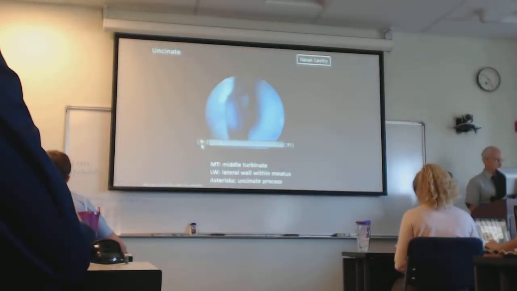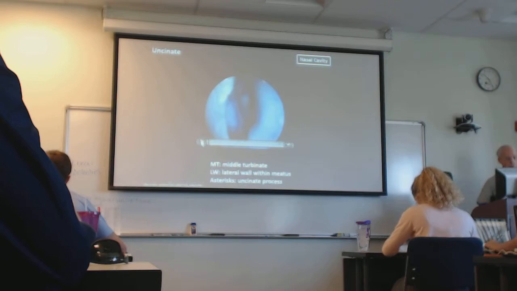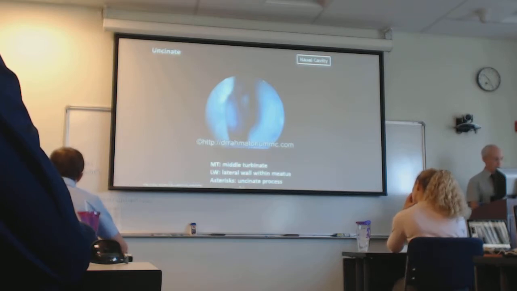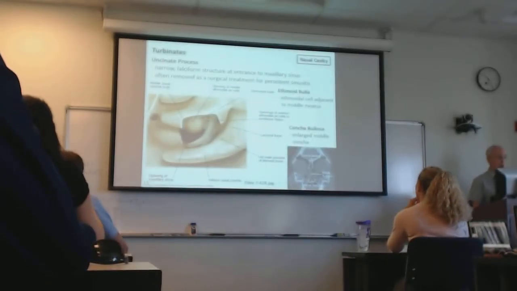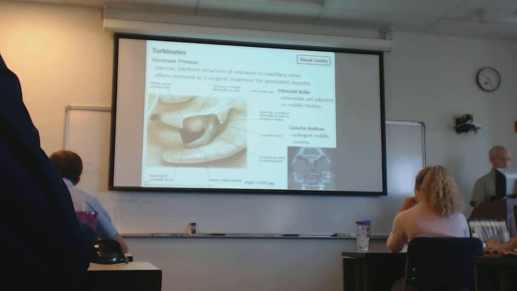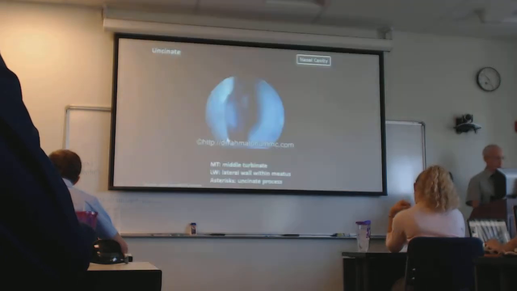Let's peer into the nose. Now notice at the end here, we're going to take the little scope and go into the nose. And so the MT is the middle turbinate, and then the LW is the lateral wall. And then the asterisk refers to an uncinate process. Uncinate, remember, is an anatomical term to describe hook shape. So what we're looking at is this thing right here, the uncinate process of the ethmoid bone in this video.